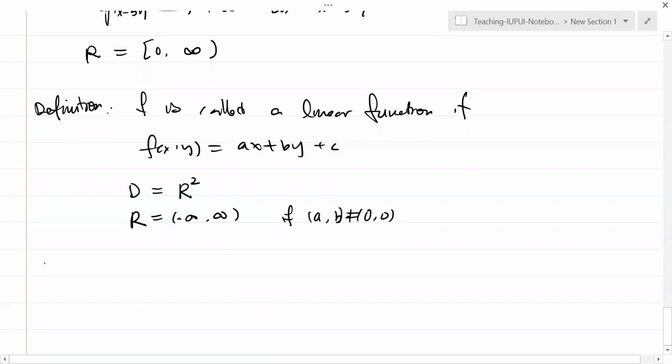All right, so I'm going to talk about the graph of a function f.